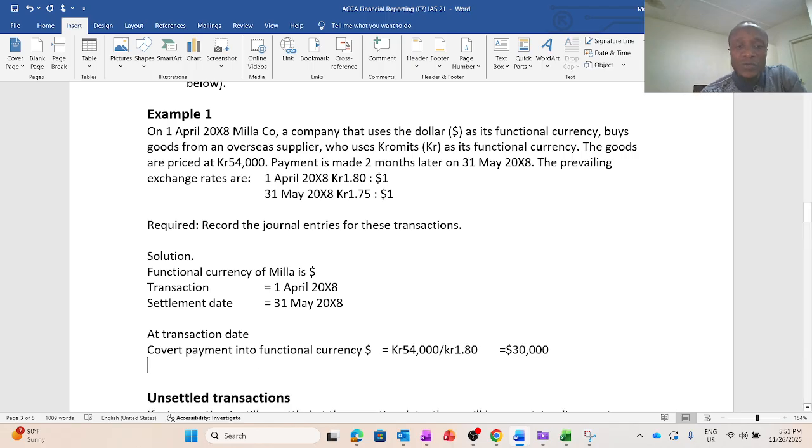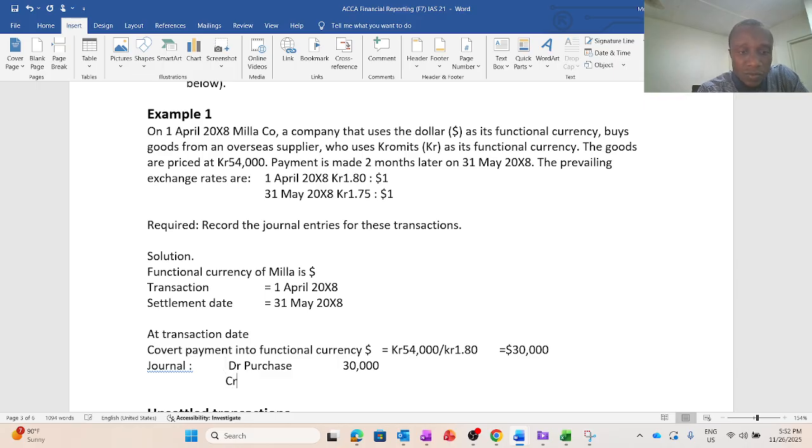So for this 30,000, the double entry, the journal, will be: since we are going to purchase, we are going to debit purchases by 30,000 and we are going to credit our payables by the same amount.